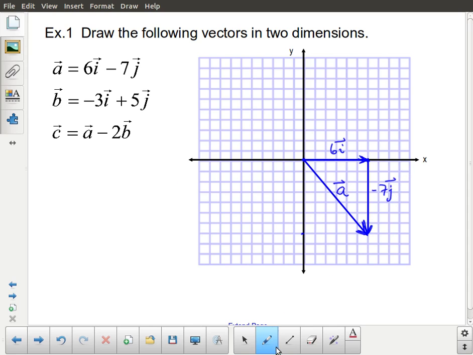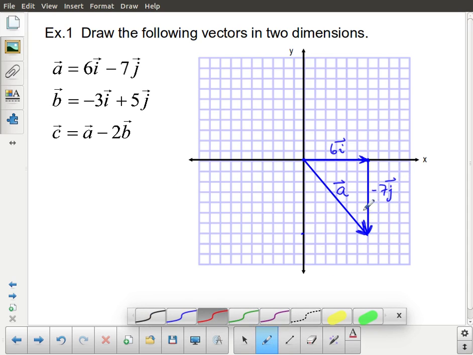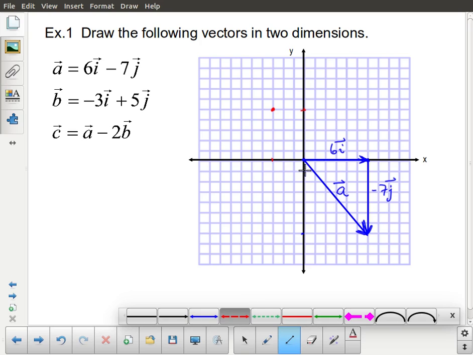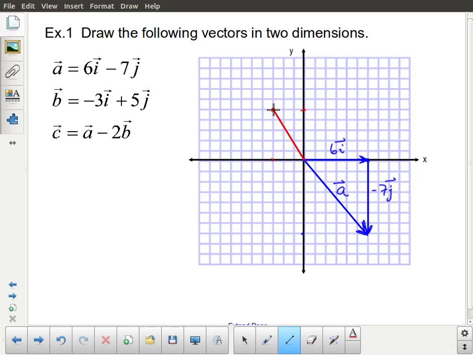Without drawing out the i and j vectors this time, I'm going to just go negative 3 in the i direction, which would be to the left, positive 5, 1, 2, 3, 4, 5 in the j direction. And so those two converge here. And so that's the point that this vector will run to.